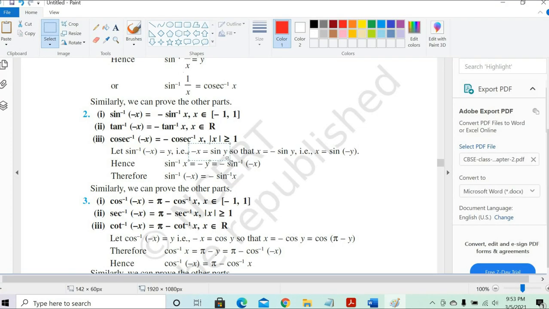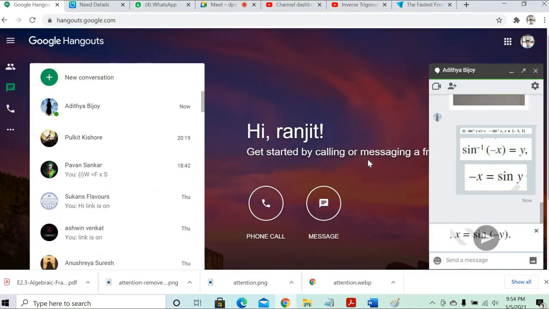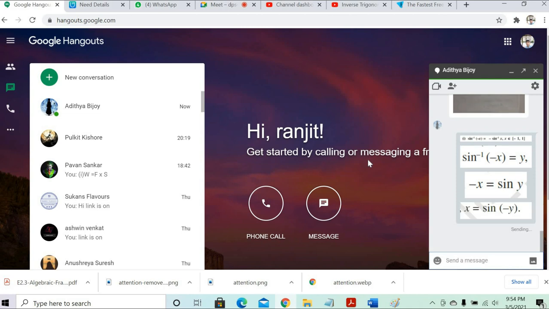Now, how do we remove the minus sign from here? Let's take the minus sign from x to the minus sine y. Now x will be equal to minus sine y. Minus sine y can be written as sine of minus y, because sine of minus theta is nothing but minus sine theta, right?